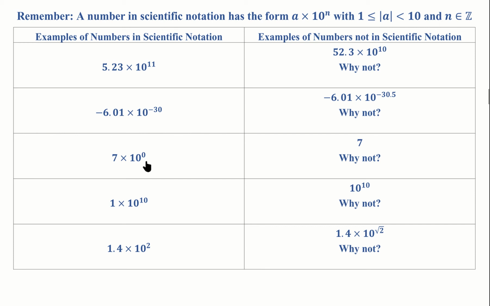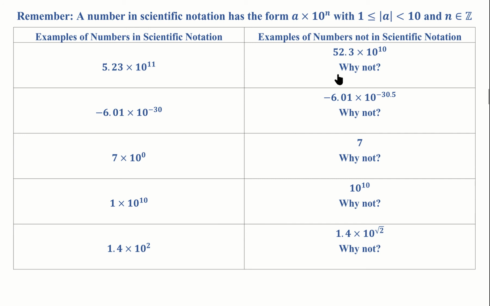With scientific notation, we use the cross to indicate multiplication. So again here, 1, remember, is okay. You shouldn't have 10 in this location, but 1 is all right, because we said the absolute value of a has to be between 1 and 10, including 1, excluding 10. This is fine because 1.4 is between 1 and 10, and 2 is an integer.